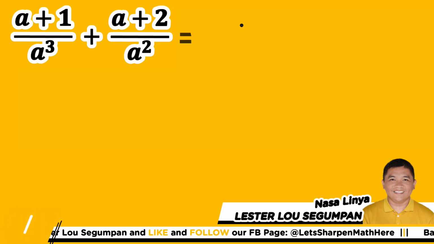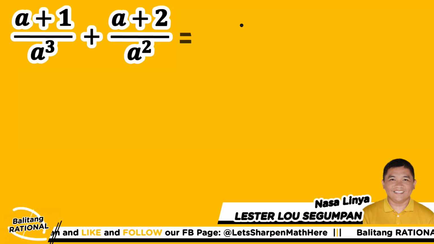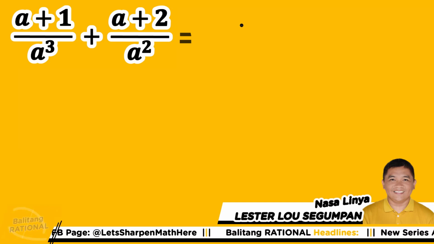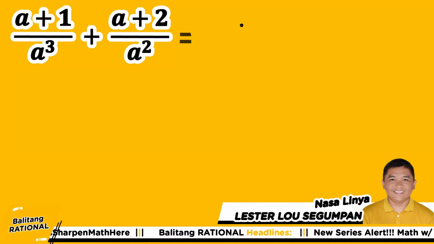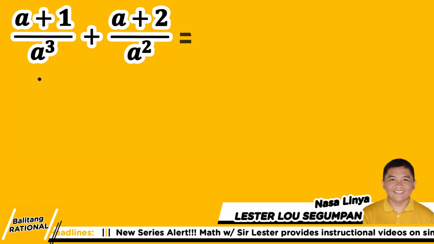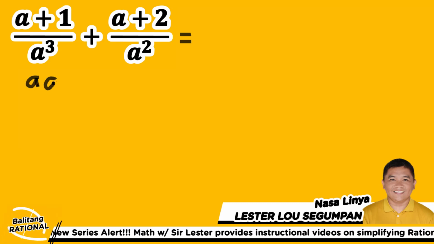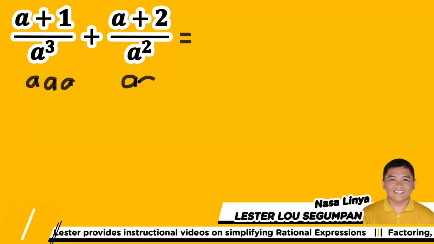Kahit na po yung exponent ng a cube ay hindi even number kagaya ng a squared. Kasi nga po, if we have variables, we just simply need to look at the maximum possible number of coefficients for a variable. A cube means we have a times a times a. A squared means a times a.